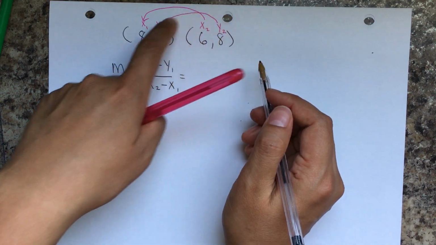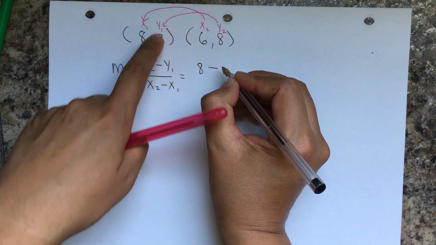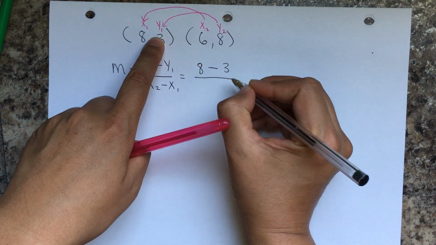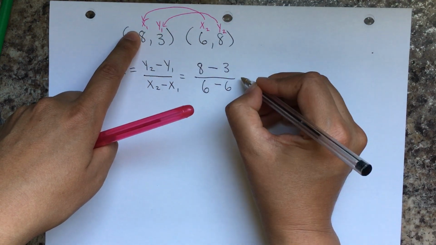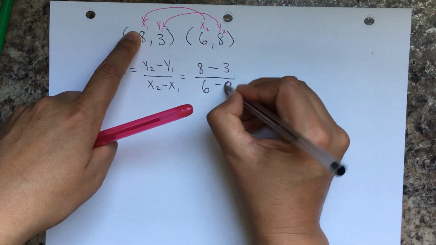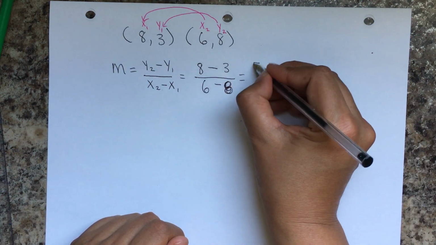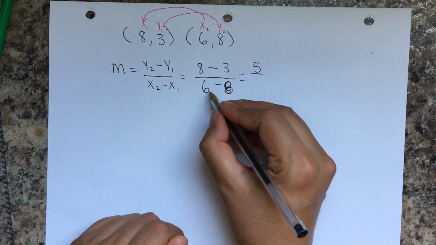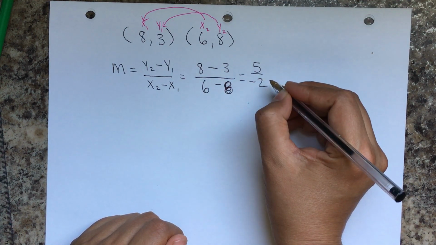So start here and minus that. So 8 minus 3 over 6 minus 8. Yeah, minus 8. And that becomes 8 take away 3, that's 5. 6 take away 8, that's negative 2.